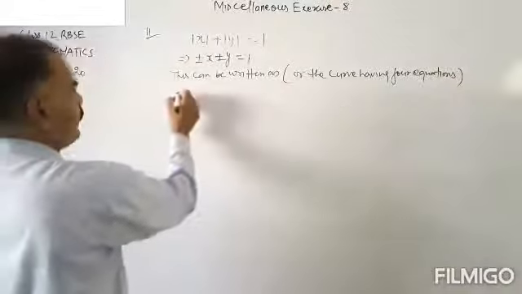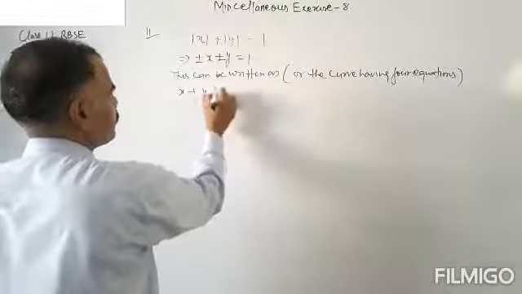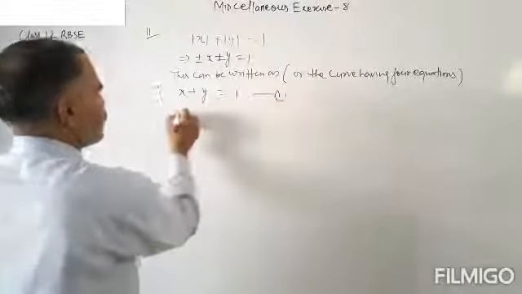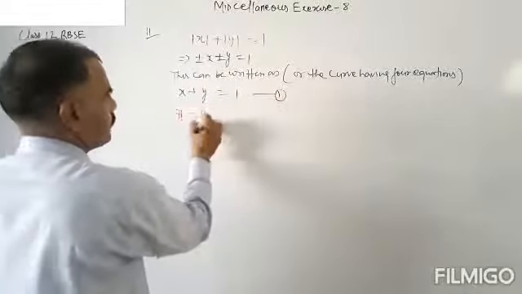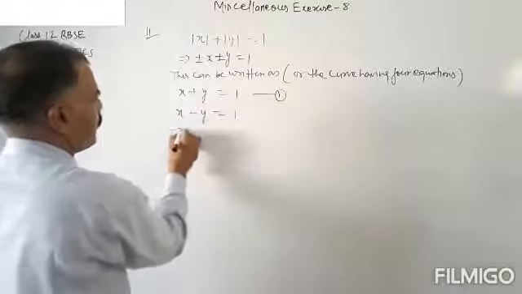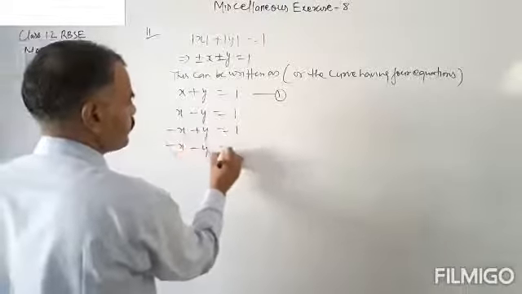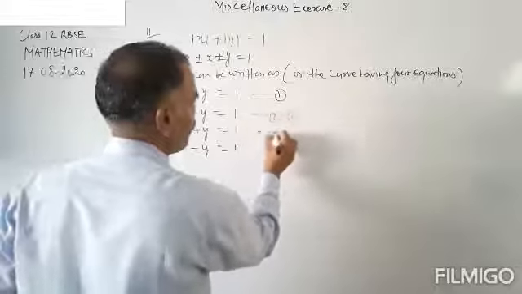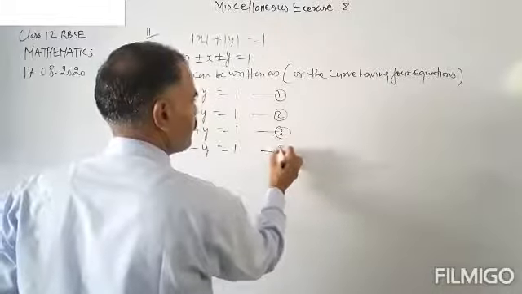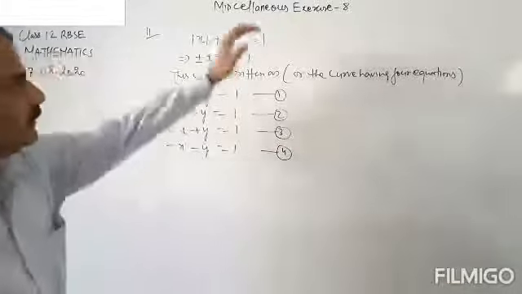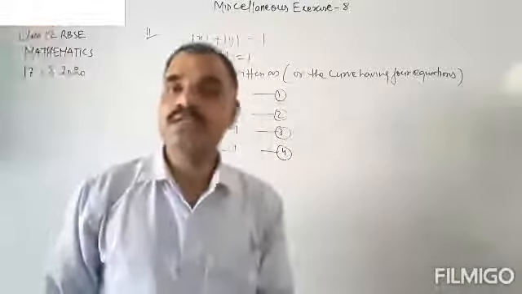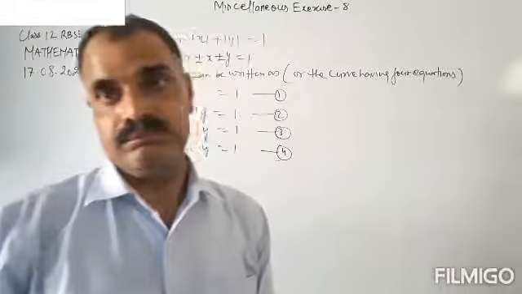Those equations are plus x plus y is equal to 1, plus x minus y is equal to 1, minus x plus y is equal to 1, and minus x minus y is equal to 1. Equation second, equation third, equation fourth. Okay, so these are the 4 equations of the given curve.